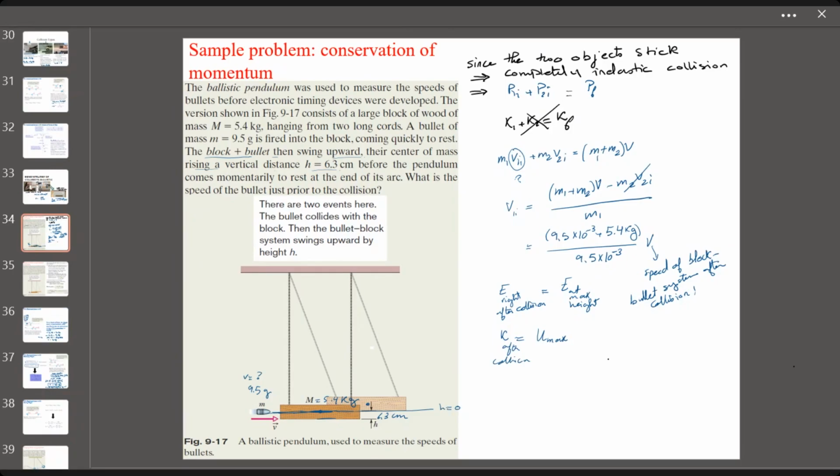Now, after the collision, K is none other but half times (M1 plus M2) V squared, where V is the speed after collision. And U max is the maximum potential energy, which is (M1 plus M2) G H. H is the maximum height.